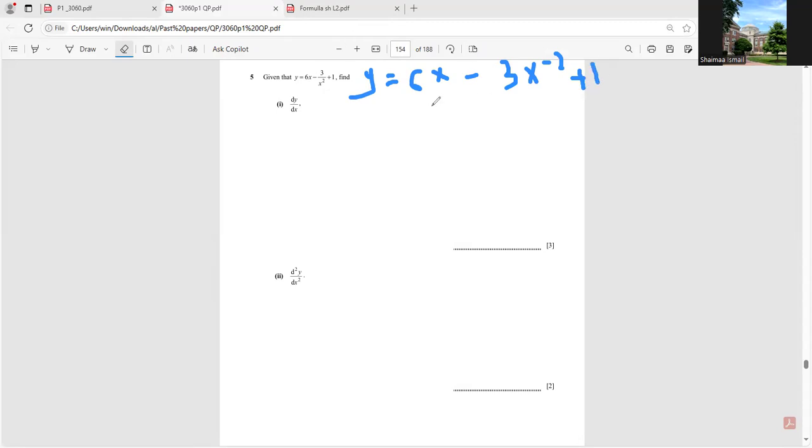Okay, and now we are ready to make the first derivative. In this step, we are going to get the value of the derivative.